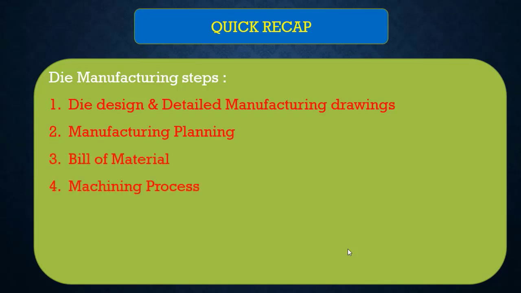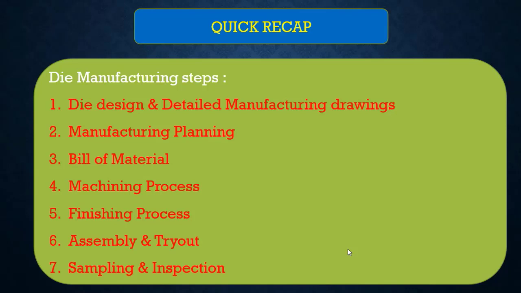Then bill of material preparation for categorizing in-house and bought out parts, and die machining process which is 2D and 3D, then finishing process of bench work and completing the finishing activities, then assembly and tryout to do the spotting and taking the initial samples, then verifying the sample quality through visual inspection and CMM or scanning machine.